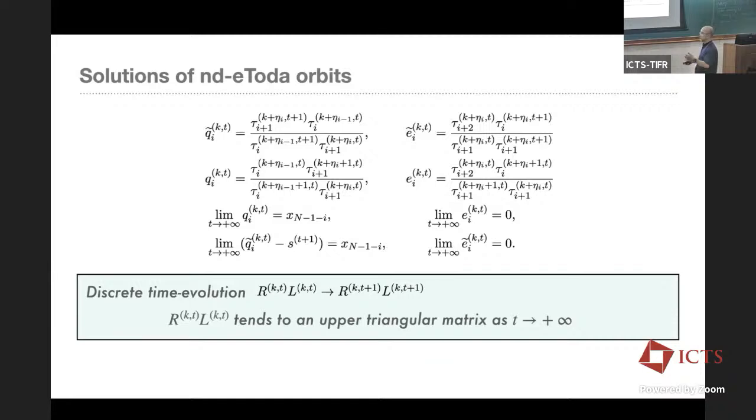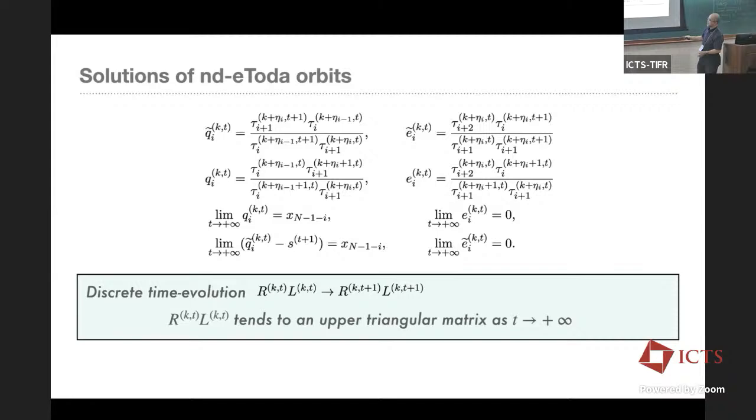And then moreover, by using this tau function expression, the convergence is also easy to check. Qi should converge to the eigenvalues, and the shifted one also, and E and E tilde can go to 0. I already told the definition of L. If all of the E are 0, then an identity matrix will appear.